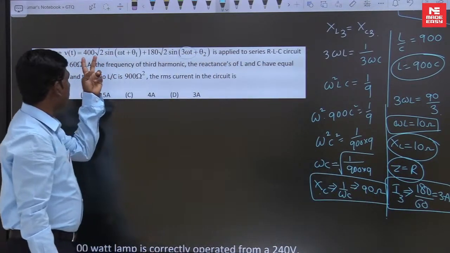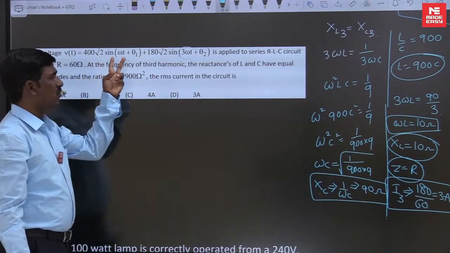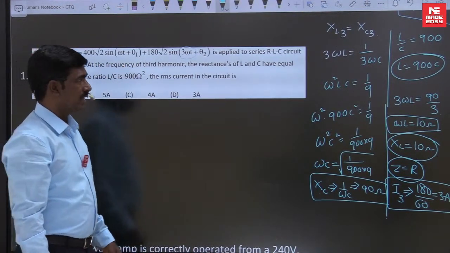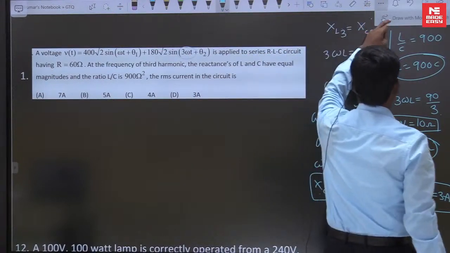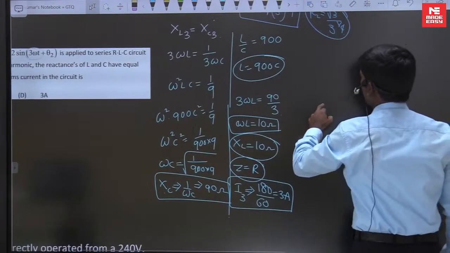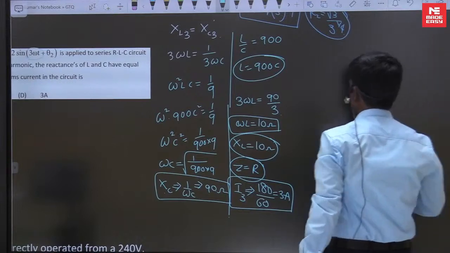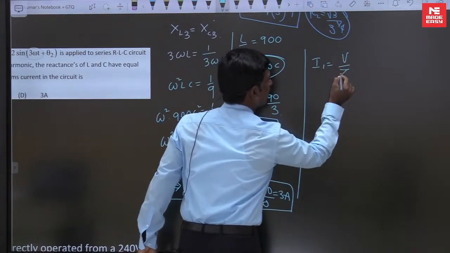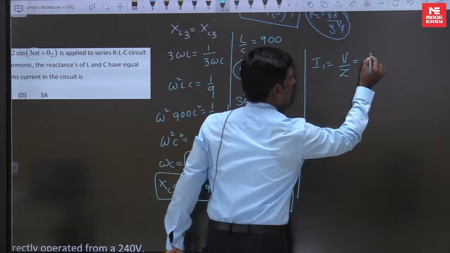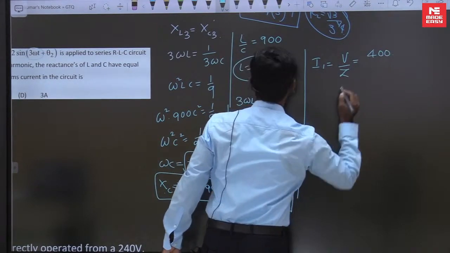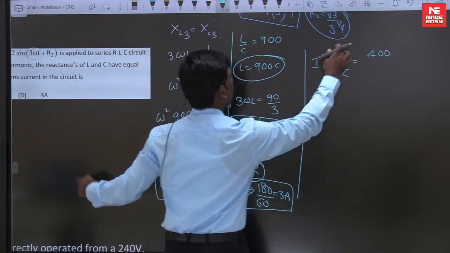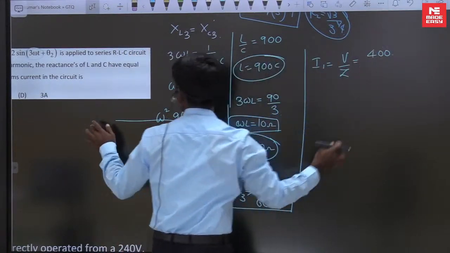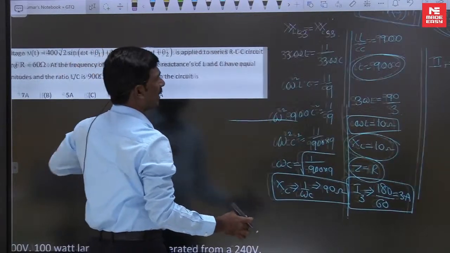But you have to find, for the supply voltage 400 root 2 sin omega t, what is the current through the circuit. How to find it? Normally use I is equal to V by Z. I1 is equal to V by Z. V is 400, I am writing the RMS value directly.